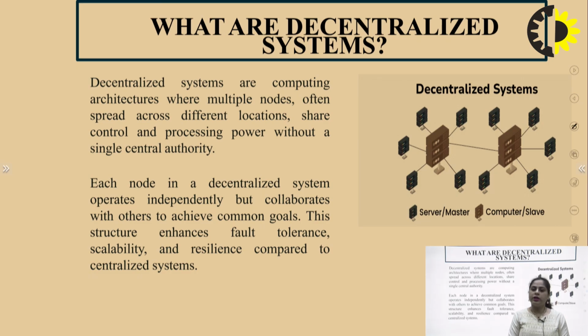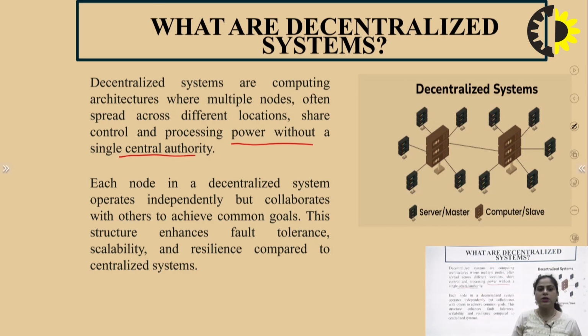Second is the decentralized system. In a decentralized system, all the nodes are located at different locations and all those nodes handle or access the transactions by themselves. Decentralized systems are computing architectures where multiple nodes, often spread across different locations, share control and processing power without a single central authority.